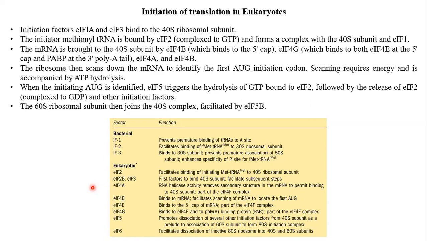So to bring them together, all these initiation factors work and they form a complex, and then the entire complex scans the mRNA for the AUG codon. Getting it? And when they find it, the large subunit binds and all the initiation factors get released, and also it undergoes hydrolysis of GTP.